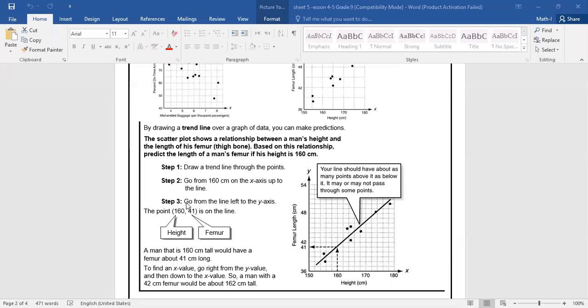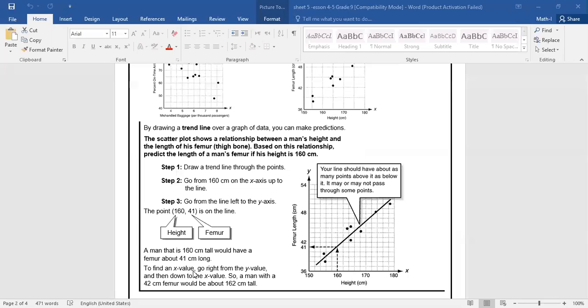We will choose any ordered pair like 160 and 41. 160 represents the height. We have to read the label on the axis. So this one is the height in centimeters, and this is the femur length in centimeters. A man that is 160 centimeters tall would have a femur about 41 centimeters long.